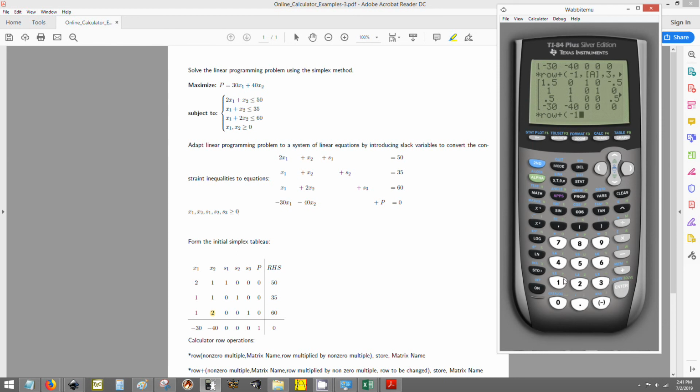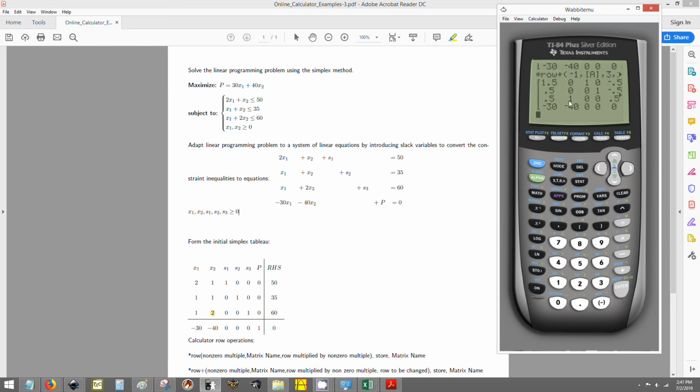Essentially it's the same row operation, we're just changing row 2 now instead of row 1, comma, go to matrix, get my A, comma, I'm multiplying row 3, adding it to row 2, close parentheses, store it as matrix A. Let's see if that worked.